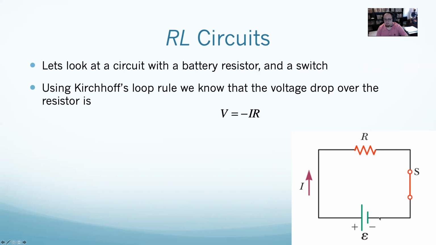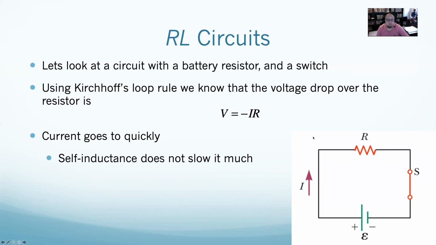Now, I've already said that if I close this switch, there's going to be self-inductance. That self-inductance is going to slow how quickly the resistor gets that voltage. But honestly, self-inductance isn't very fast. It doesn't last very long. It's going to slow it down, but not that much. It's going to get the current pretty fast still.